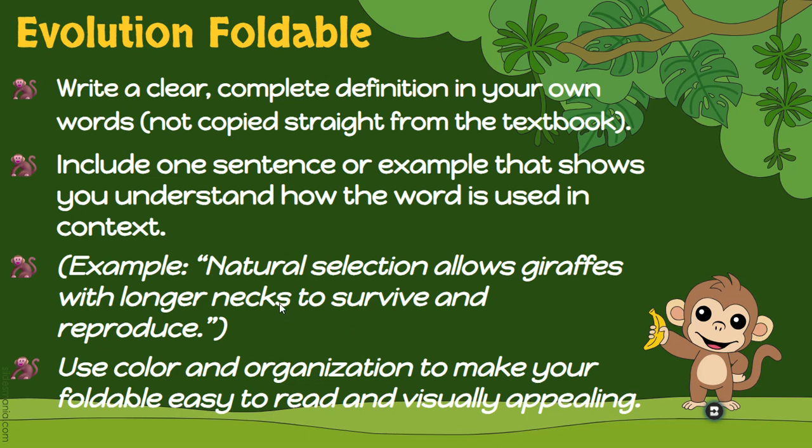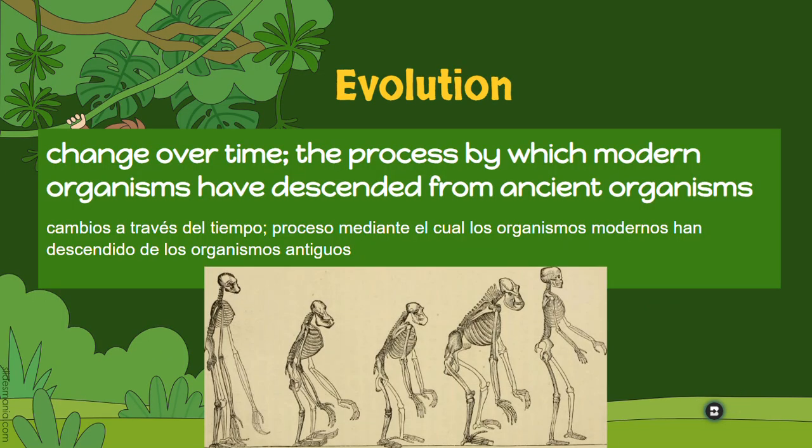An example of a sentence is, natural selection allows giraffes with longer necks to survive and reproduce. Again, the key term here would be natural selection, so you would want to make sure it's underlined. You will also use color and organization to make your foldable easy to read and visually appealing.